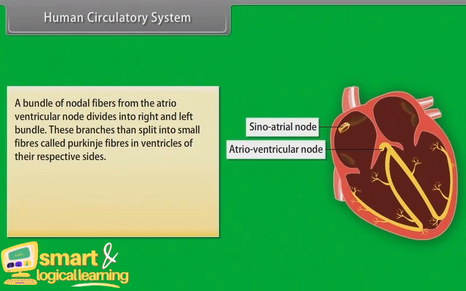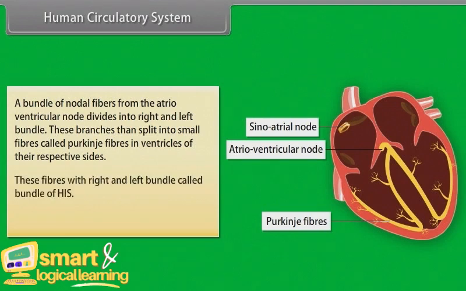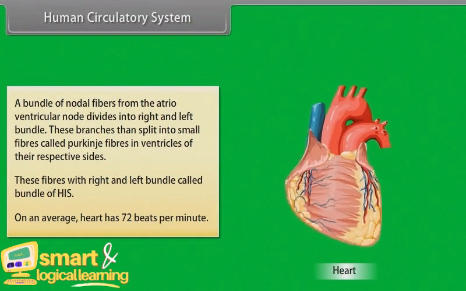These branches then split into small fibers called Purkinje fibers in ventricles of their respective sides. These fibers with right and left bundle are called bundle of His. On an average, the heart has 72 beats per minute.